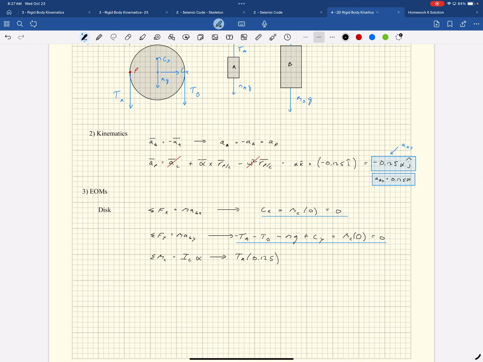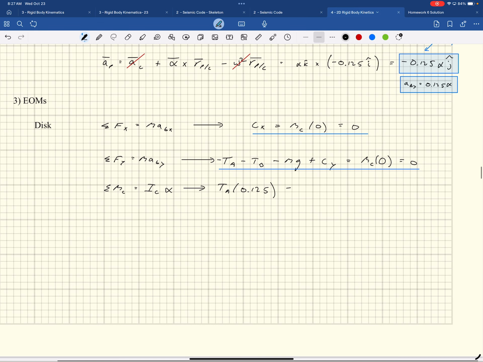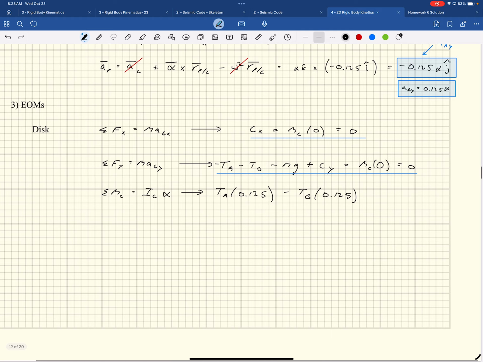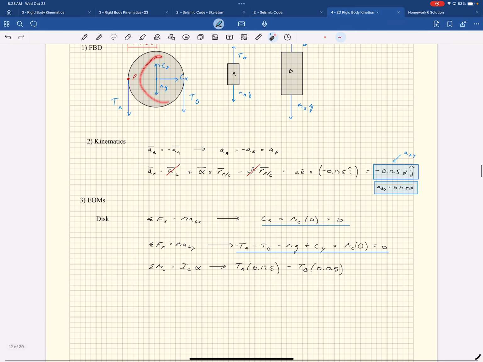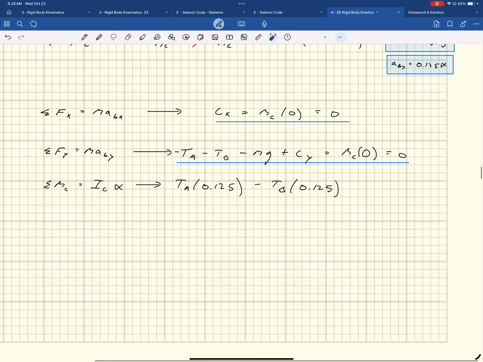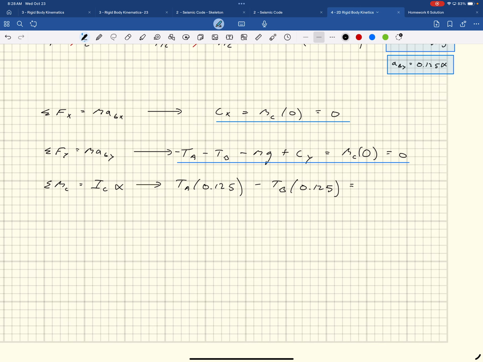Because it's acting down like this, and so it's giving us a negative moment. So this would be minus TB times 0.125. That's it, right? The other forces right here act through it, so they have 0 moment arm. And so then that is equal to IC times alpha.